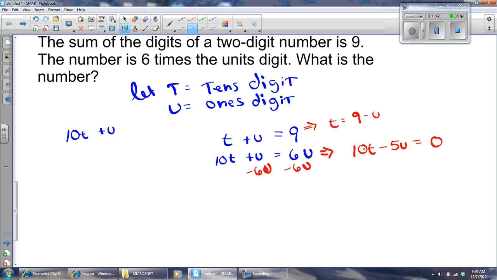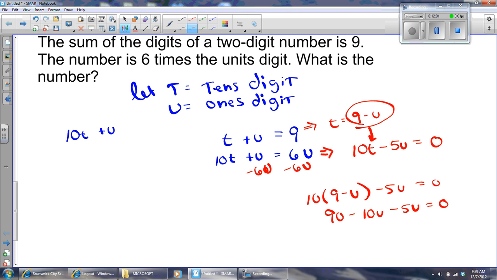All right. I'm going to substitute this in here. So I'm going to do 10 times the quantity of 9 minus u minus 5u. That'll equal 0. So it'll be 90 minus 10u minus 5u. That'll equal 0.